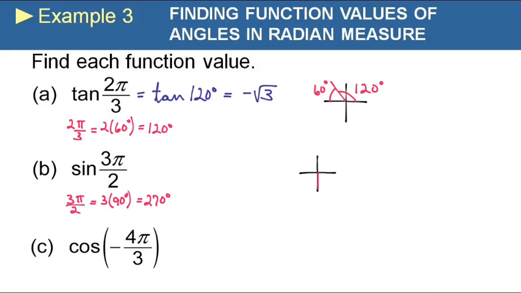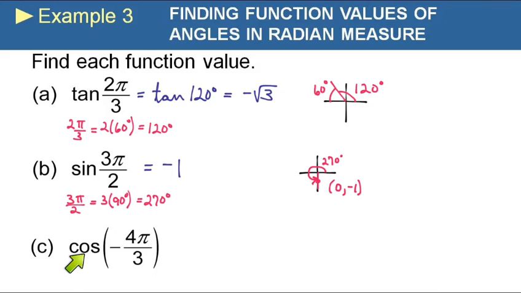If I sketch that, I can see that the terminal side is on the negative y-axis, and the point on the unit circle is (0, -1). That's important to know because for all the quadrant angles, the sine is the vertical coordinate. And so we're going to say the sine of 3 pi over 2 is equal to negative 1.